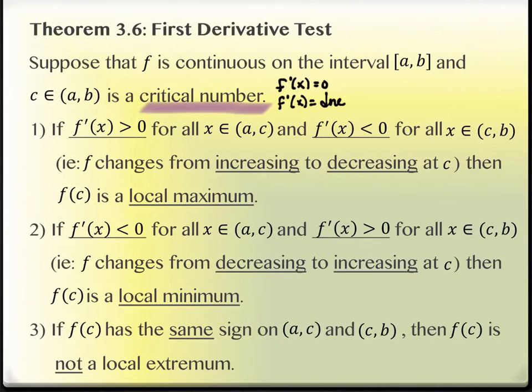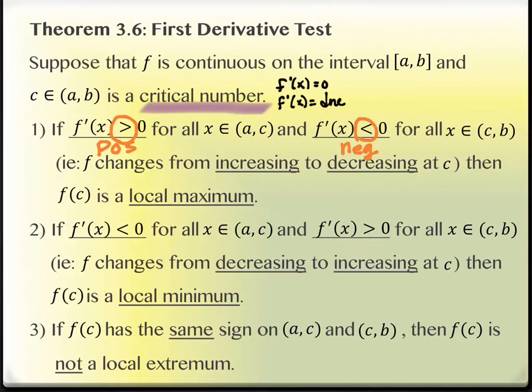then if the derivative is positive and then it changes to negative, i.e. it changes from increasing, because a positive derivative means an increasing graph.